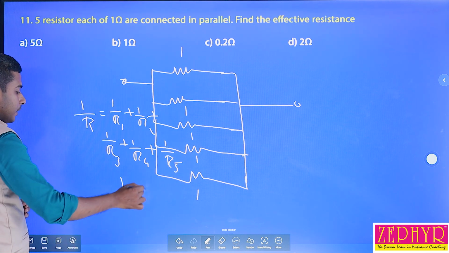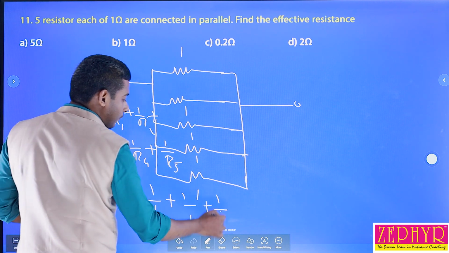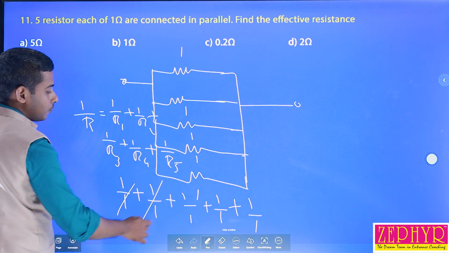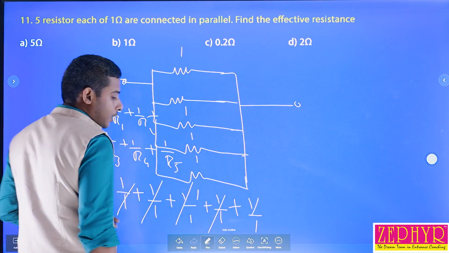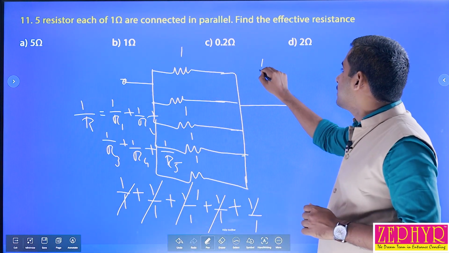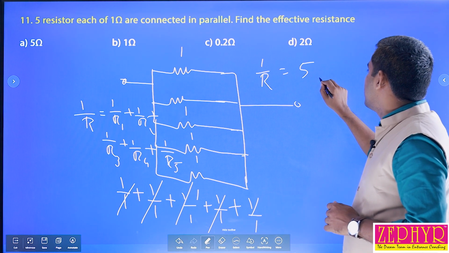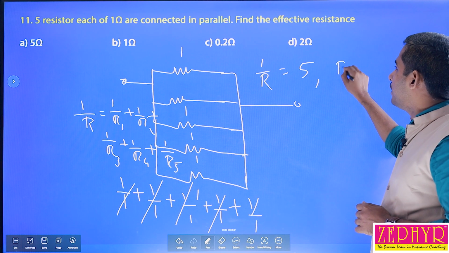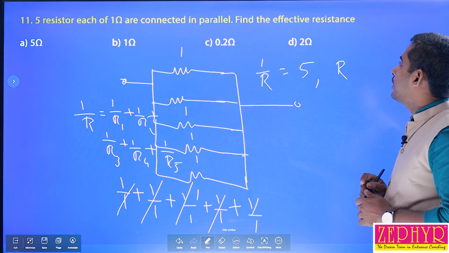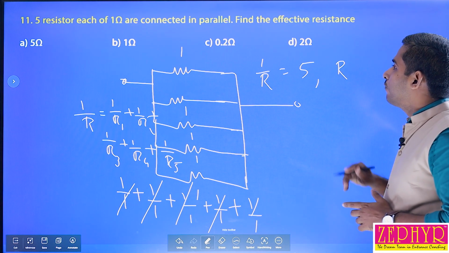So 1 by 1 plus 1 by 1 plus 1 by 1 plus 1 by 1 plus 1 by 1. 1, 2, 3, 4, 5. How many? 5 times. That is 1 by R equal to 5. So they are asking the value of R.